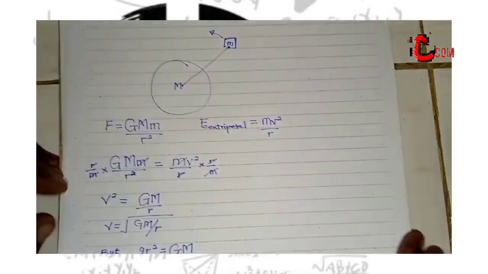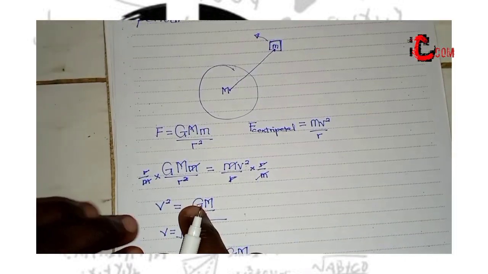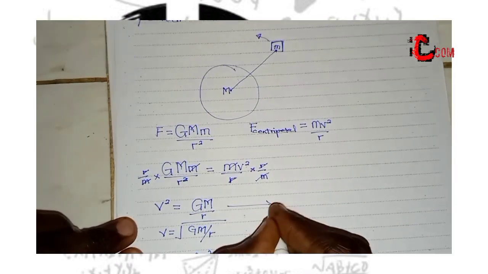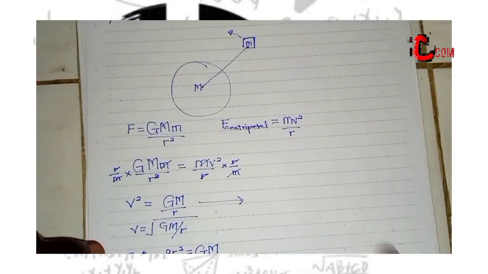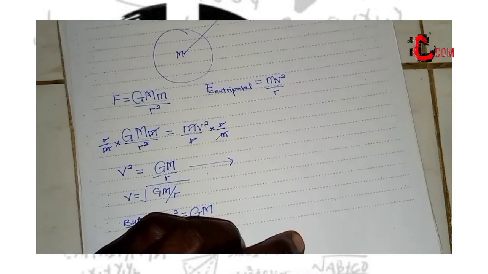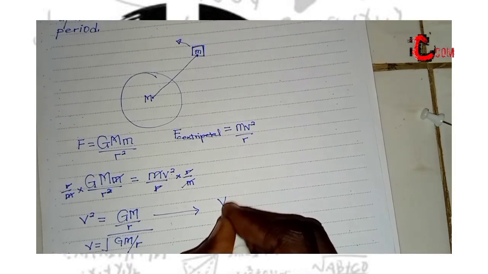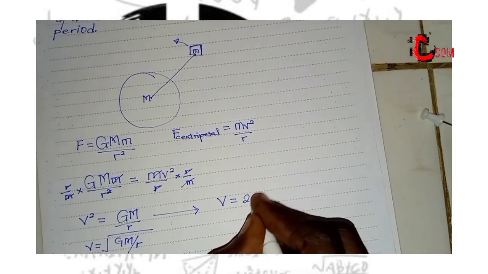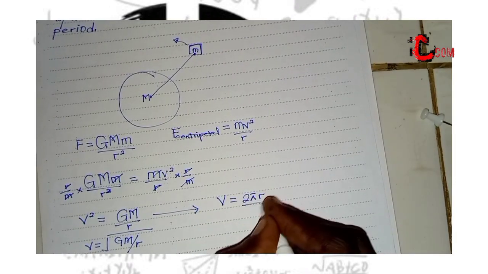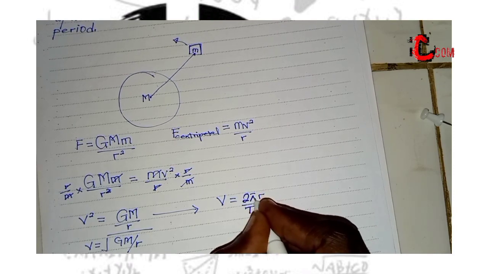But if we come back to the upper expression, the velocity of a satellite on its orbit, we can say v equals 2 pi r all over the period. That is when we consider a satellite on its parking orbit.